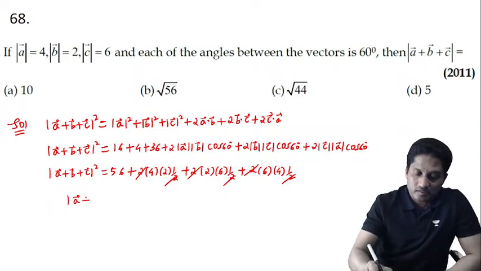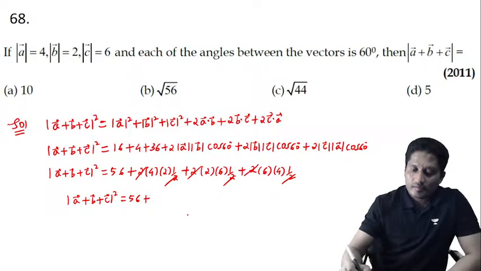Mod of A plus B plus C the whole square is equal to 56 plus 8 plus 12 plus 24.